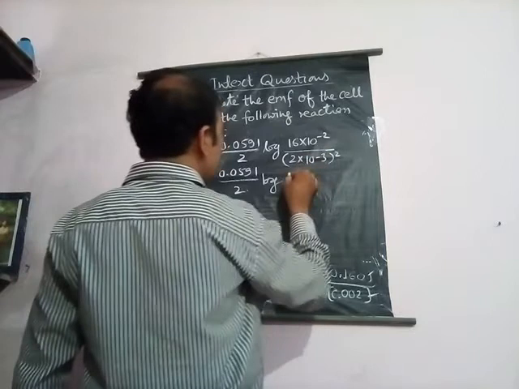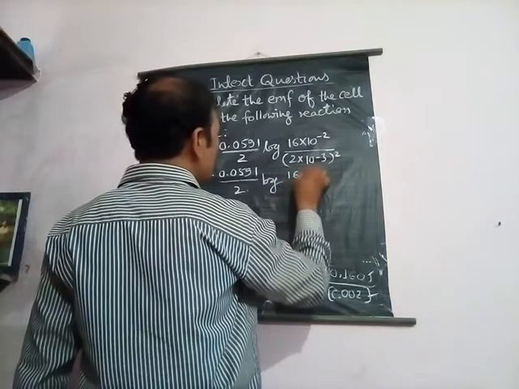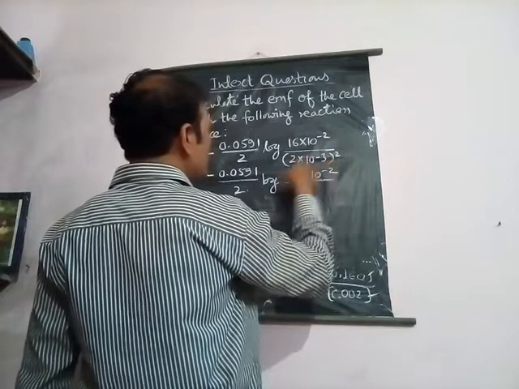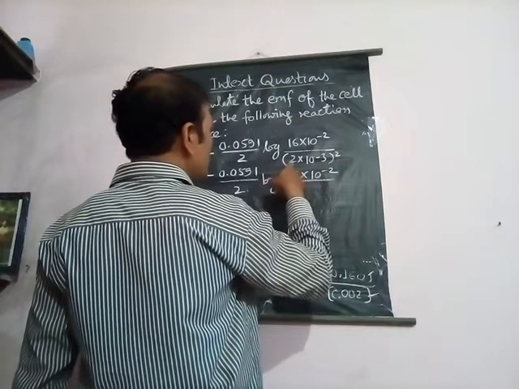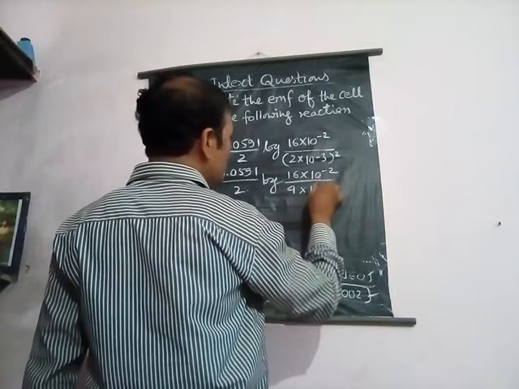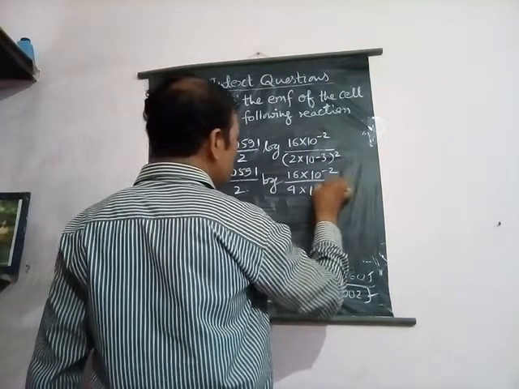Here it will provide us 16 into 10 to the power minus 2 divided by, if we remove, the square for 2, so it will be 4 into 10 to the power minus 6.